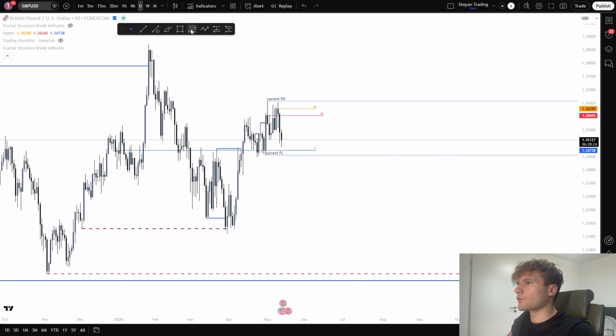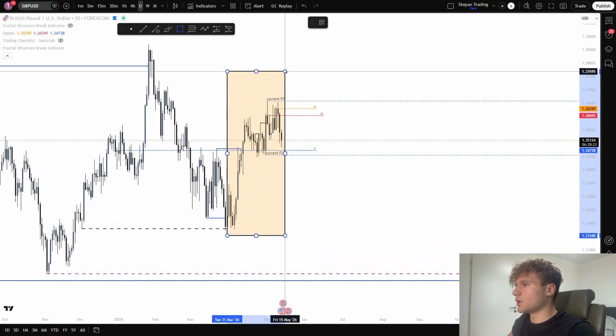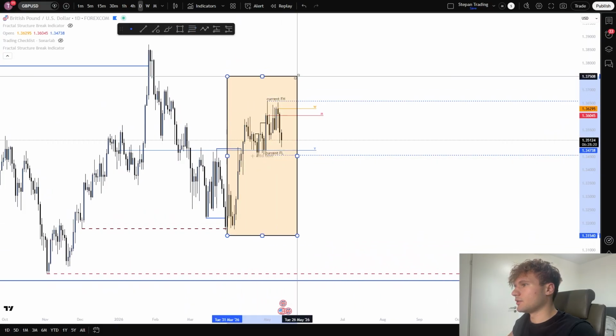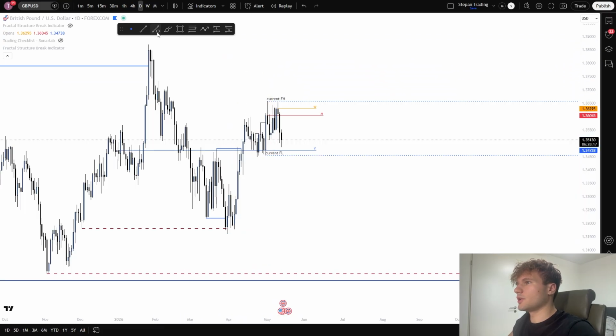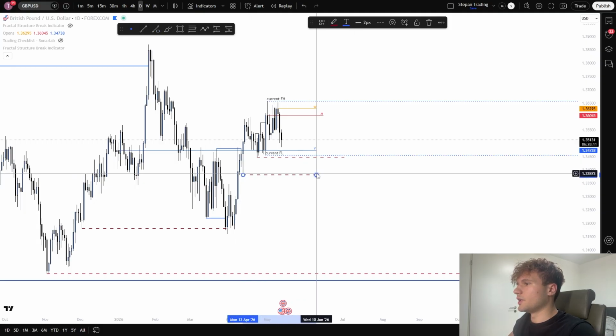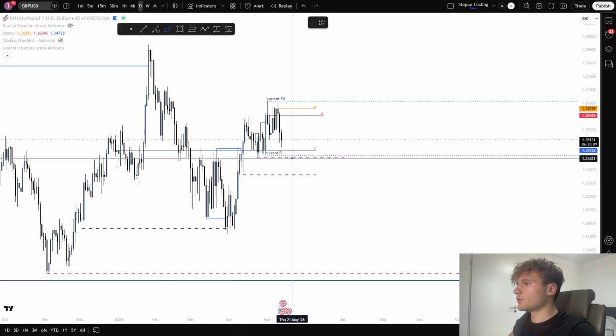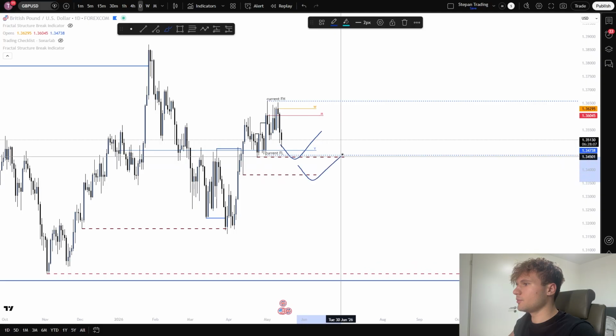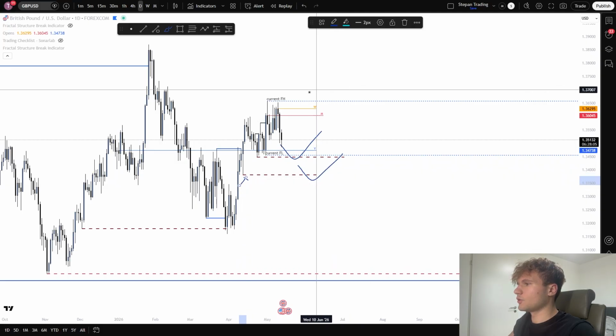And now in this impulse, I'm looking for liquidity, and I see it situated here and here on the daily. So I will just wait for it to liquidate either one of them, preferably the lower point.